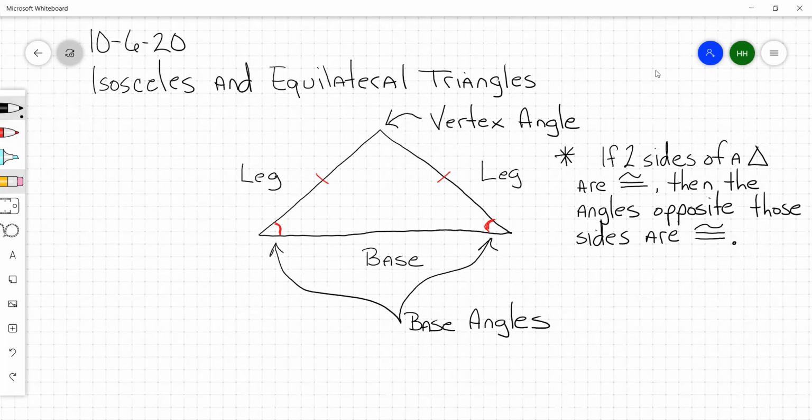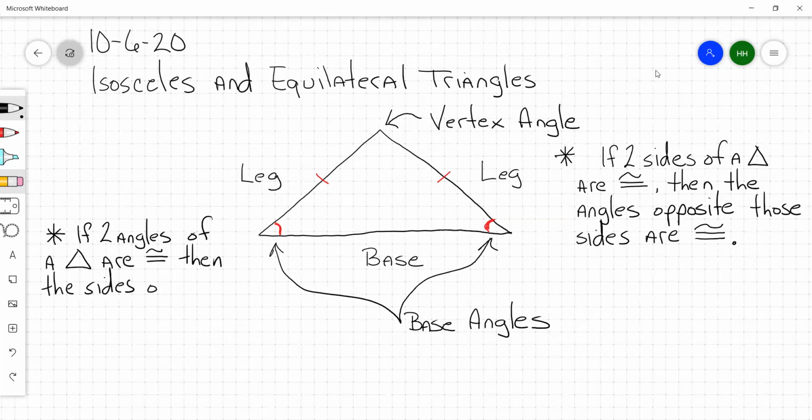And the converse of that you need to know as well is that if two angles of a triangle are congruent, then the sides opposite those angles are congruent.